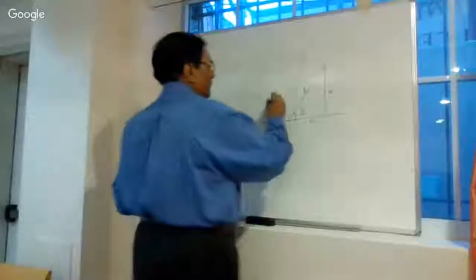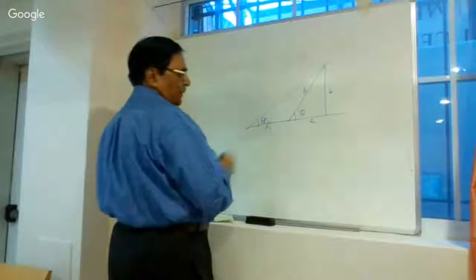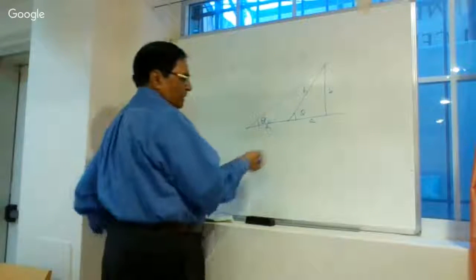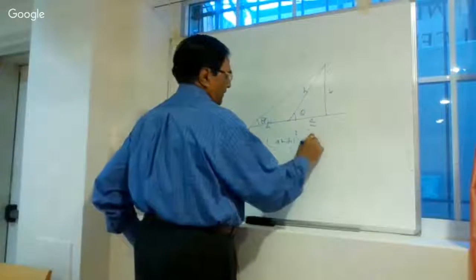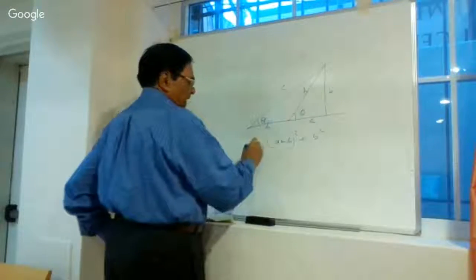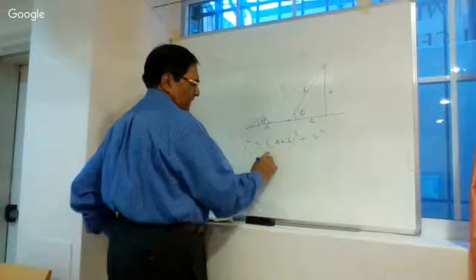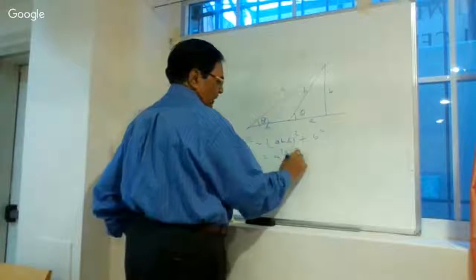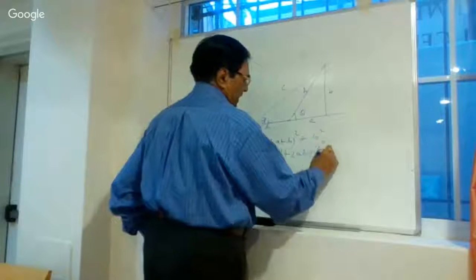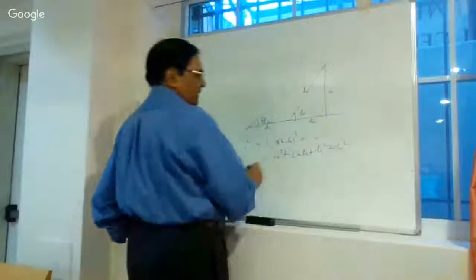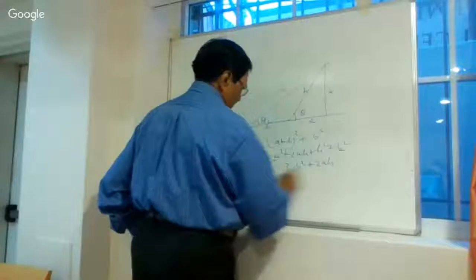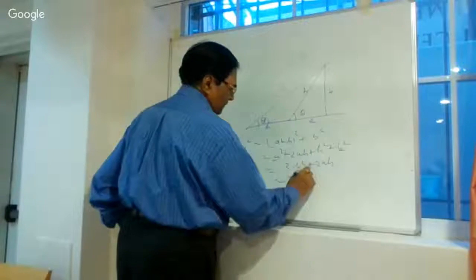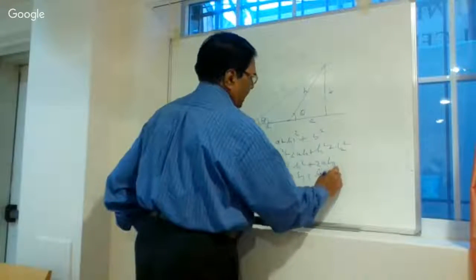Now you can go forward and find out A plus H squared plus B squared, which is C squared. This is A squared plus 2AH plus H squared plus B squared. And we know that A squared plus B squared is H squared, so 2H squared plus 2AH, and so it is 2H into H plus A.